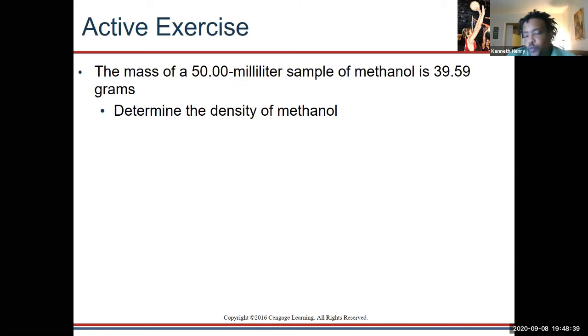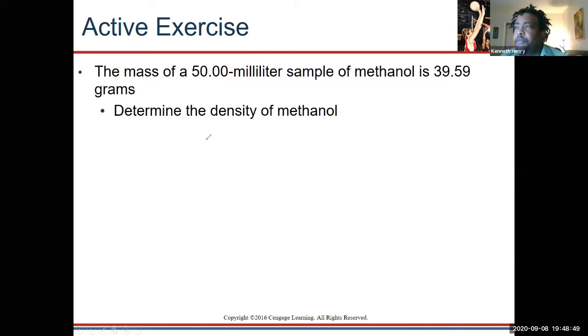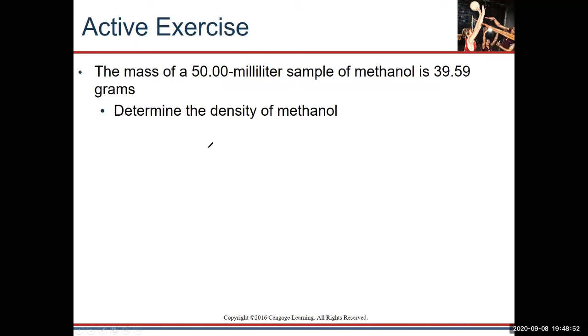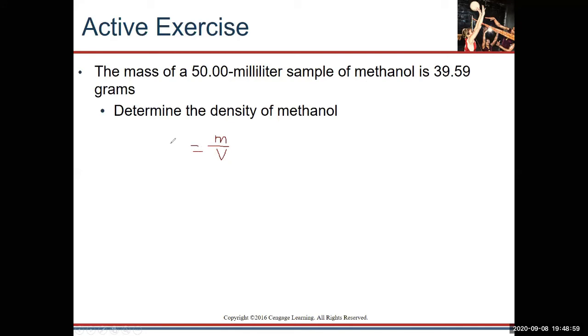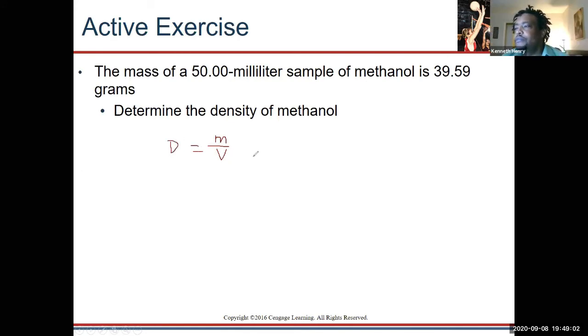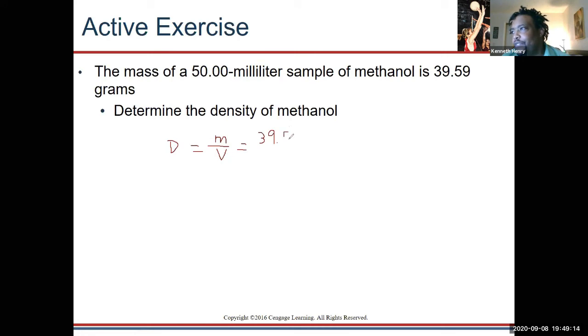So what am I going to do? You're going to divide the grams. So grams is what? Is that mass? Is that volume? Yes, that's a mass. Okay, so I have my mass divided by volume, and that's going to equal density. Okay, so what is our mass here? 39.59 grams.